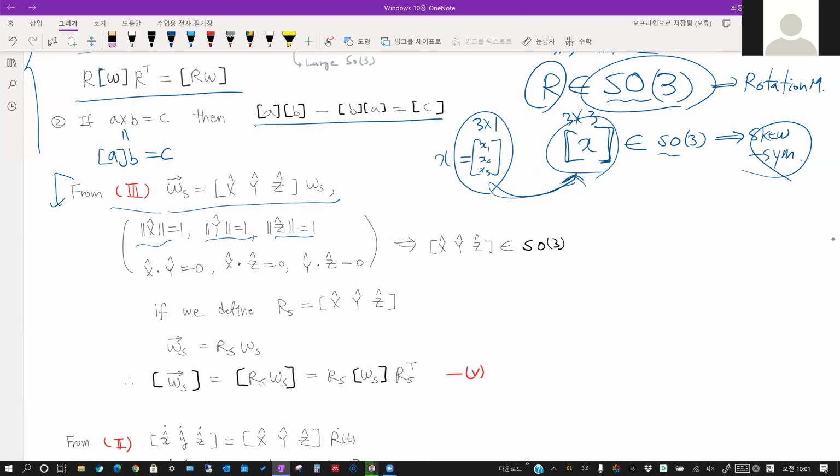There is a unit vector property and an orthogonal property, so we can assume this one is large SO(3). And if we define the rotation matrix from here, we can convert this equation to this.